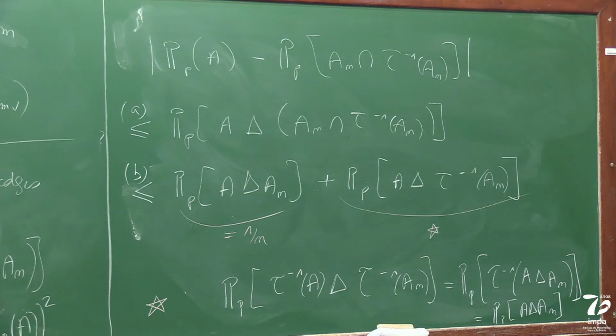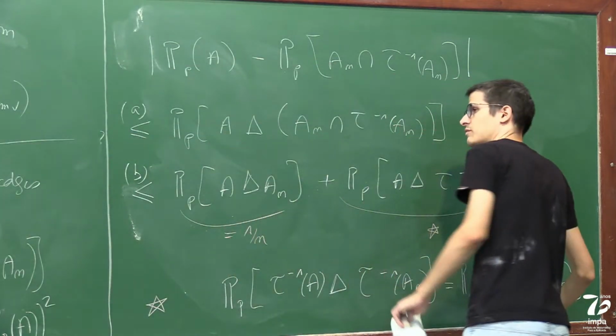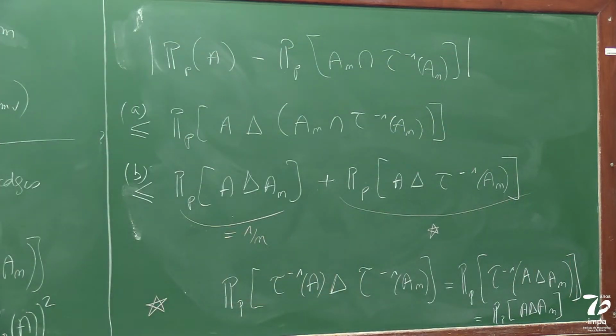Now what we are going to study is a bit more the structure of the set of infinite percolation clusters. So the next important result that we are going to prove is the following.